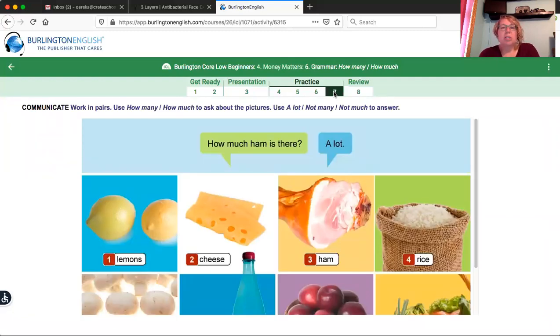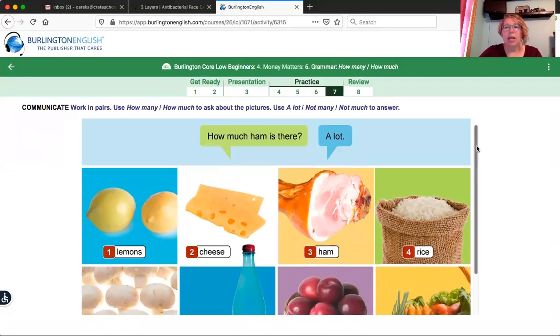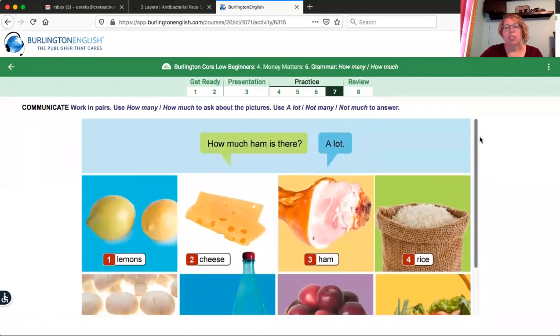And what we're going to be doing here is your homework section. So you're going to need a piece of paper and a pencil. So necesito papel y lápiz. And you're going to want to make sure you are able to write down your questions. Okay, so if you look at the pictures here, you can see that we have lots of pictures, and what I want you to do is write the correct question for each picture.